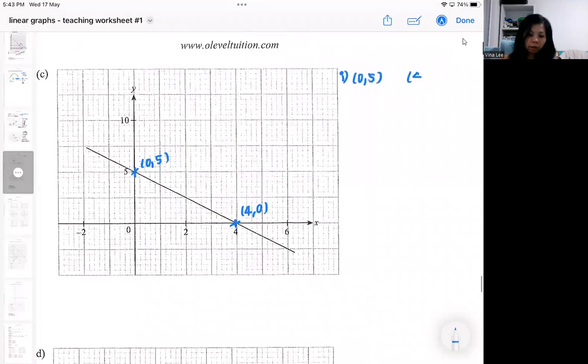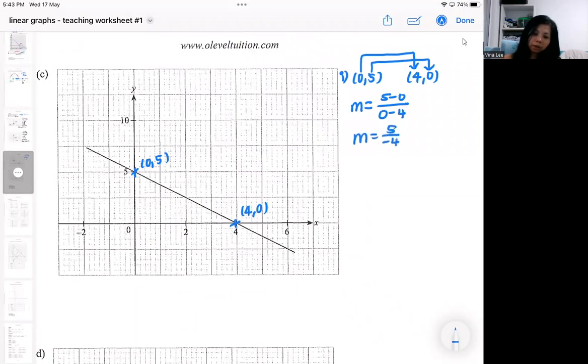If you read the coordinates wrongly, even if you apply the formula correctly, you are not going to get the correct gradient. So you subtract the y coordinate. The bottom part is you subtract the x coordinate. And from here, you get 5 over minus 4. So the gradient is a negative gradient. So it matches with what we want.